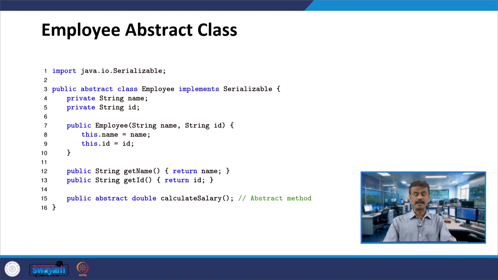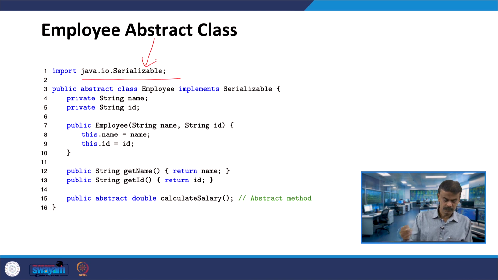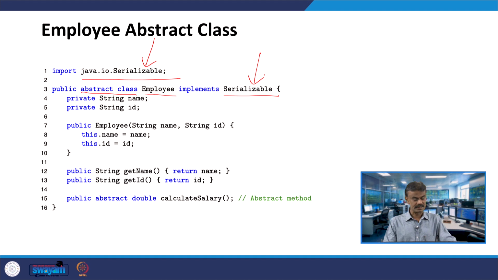So, let us go to the employee abstract class. Here you have java.io.Serializable, which you are importing. We have an abstract class called Employee. This Employee implements Serializable, an inbuilt interface. You have a private member data name and a private member data ID, whose data types are strings.